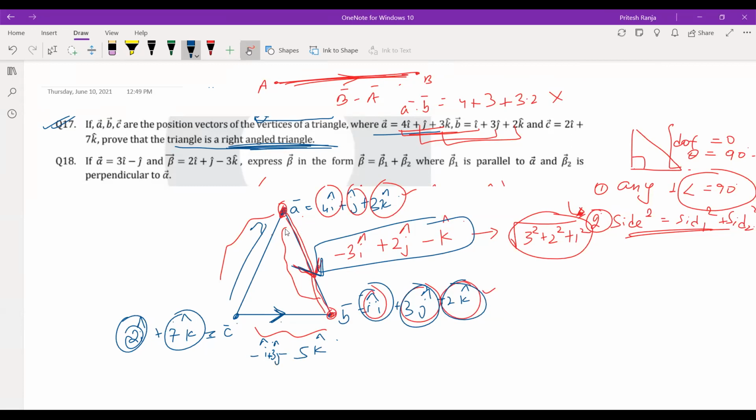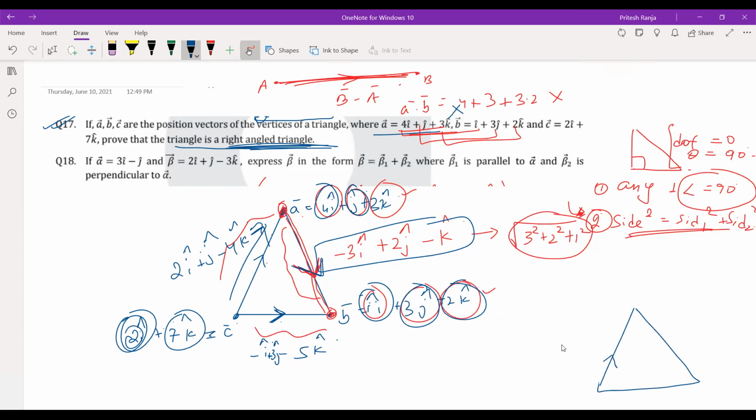Let's find this side. This side will be 4i minus 2i, that is 2i, and then j minus 0, so j cap, 3 minus 7, that is minus 4k cap. So we have the three sides of the triangle. So let me write the three sides now. With the vertex, we will not take the dot product because we are talking about the triangle.